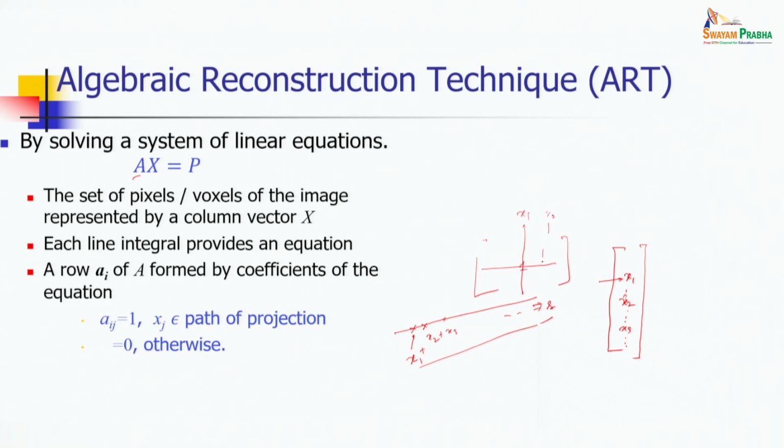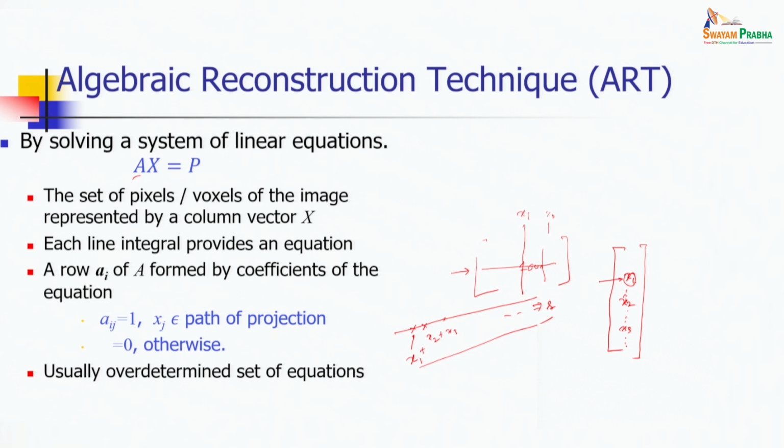Similarly for x2 it would be 1, but the rest will be 0. These are the aij's, where i is the row, the ith equation, and j is the column which denotes the respective variable of the functional space.